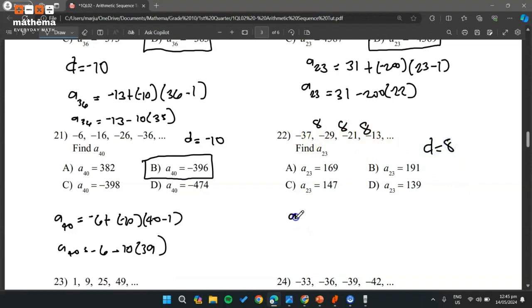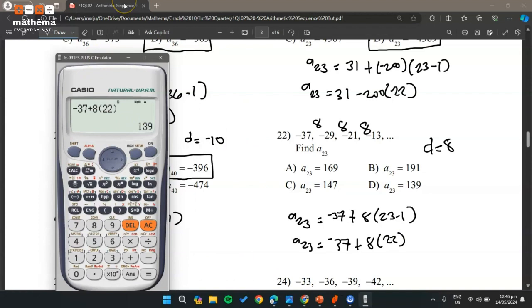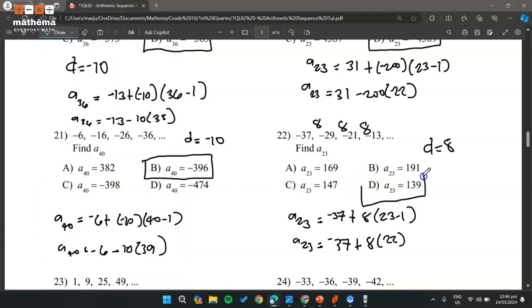We will do a sub 23 is equal to negative 37 plus 8 times 23 minus 1. Simplifying, this is negative 37 plus 8 times 22. With the calculator, that gives us 139. What letter is that? That's letter D.